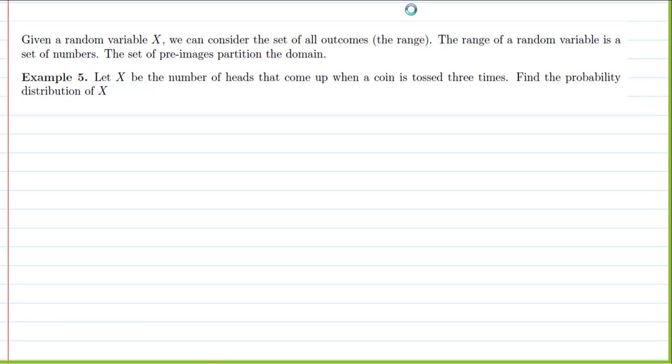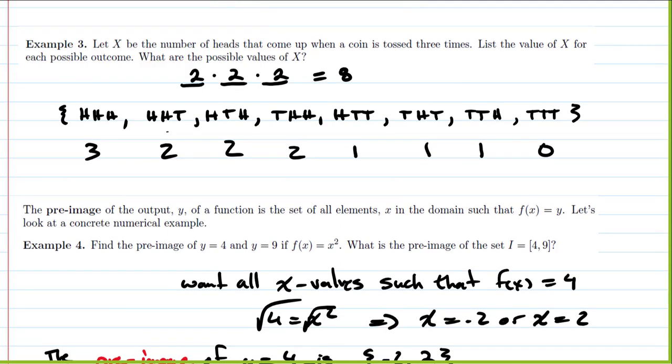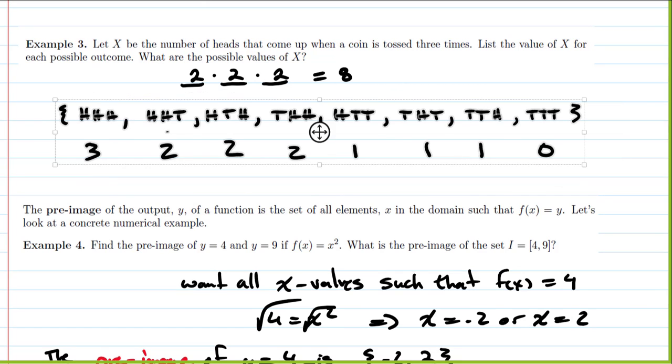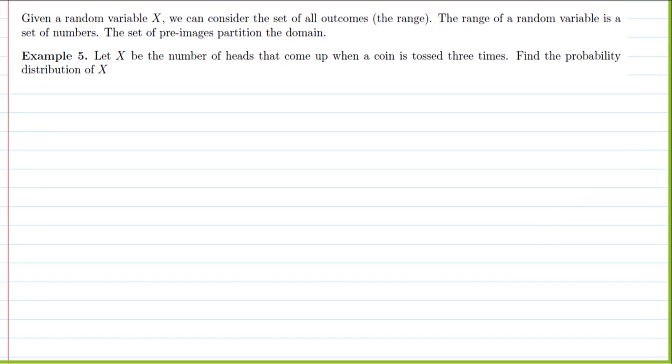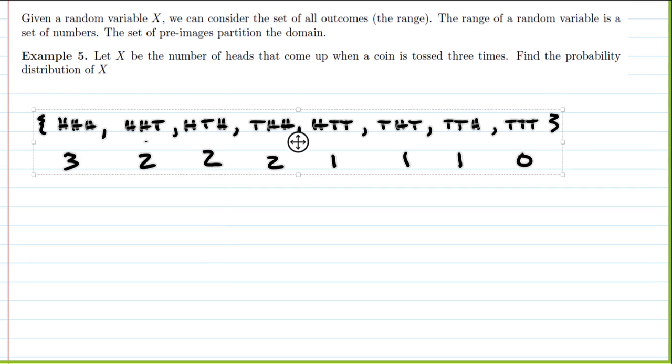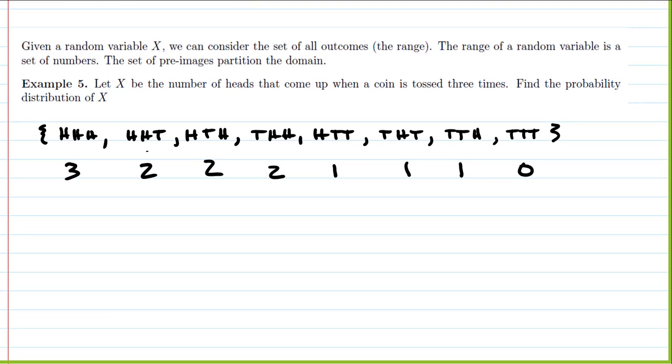So let's use this. Let x be the number of heads that come up when a coin is tossed 3 times. Find the probability distribution of x. So we've got this that we just found out. We want to find the probability distribution of this.